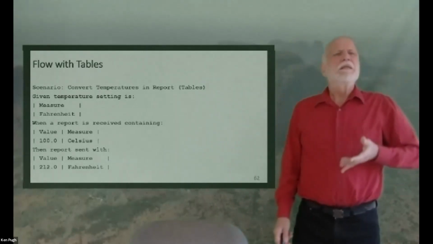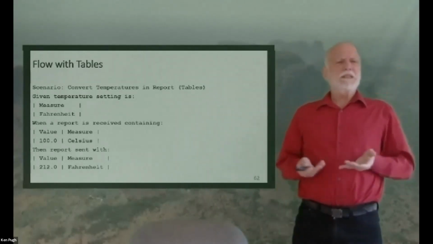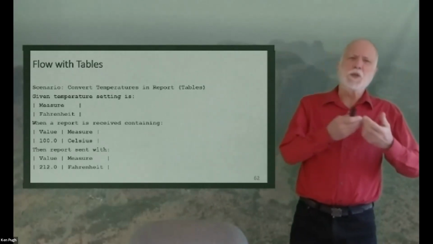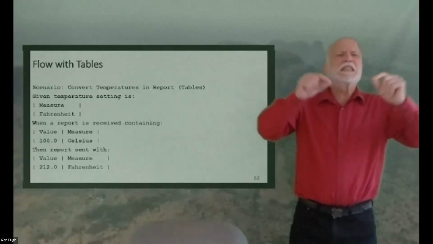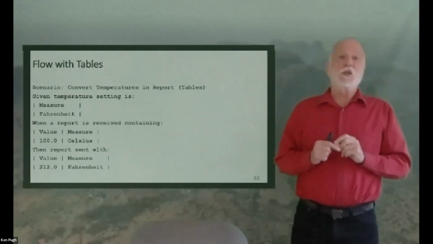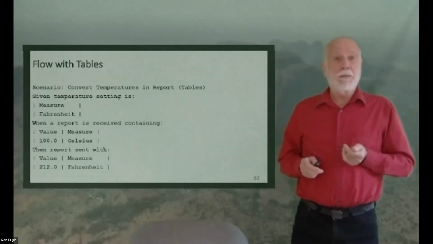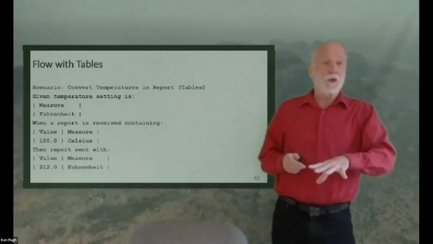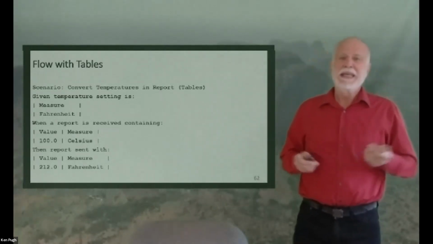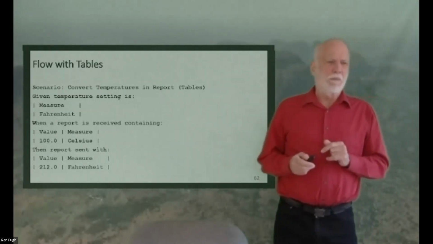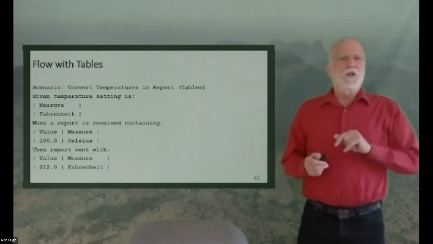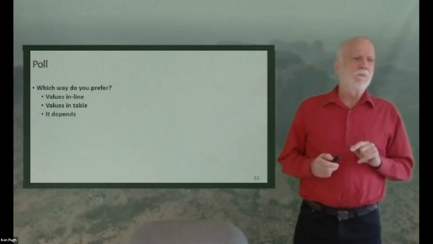So now by splitting this out into tables, we start to identify our domain terms, and understanding and collaborating on the meaning of those domain terms is an important thing in understanding what your problem is. Here's one way we can do it with tables.